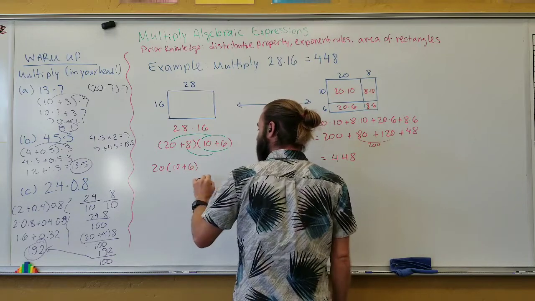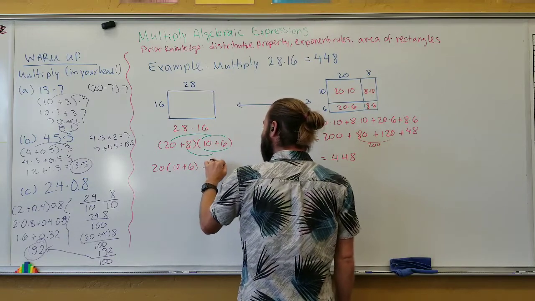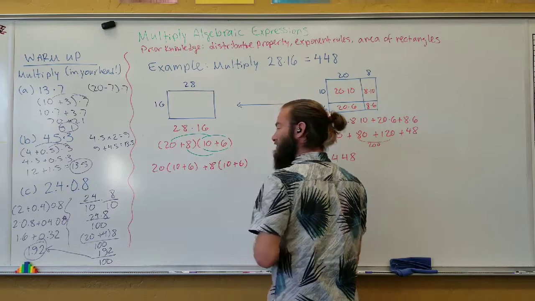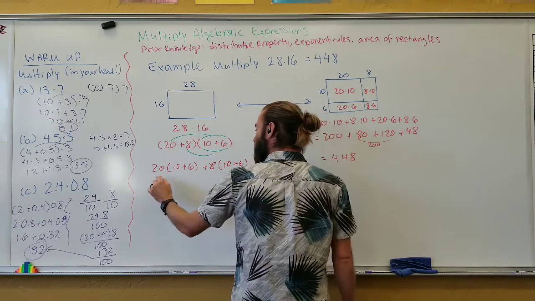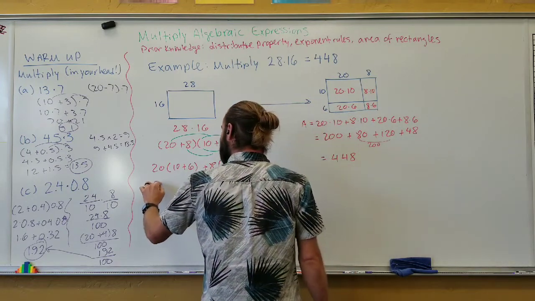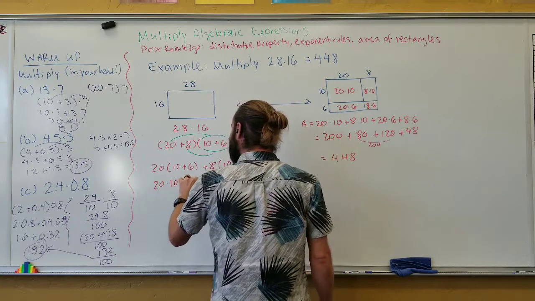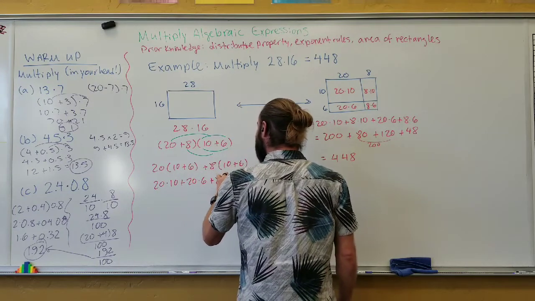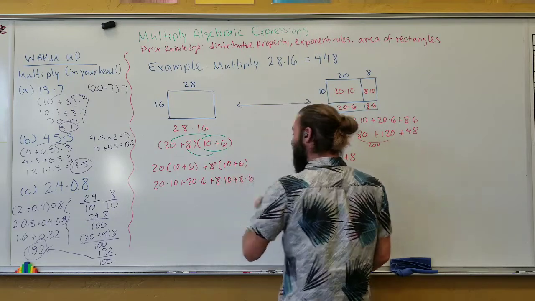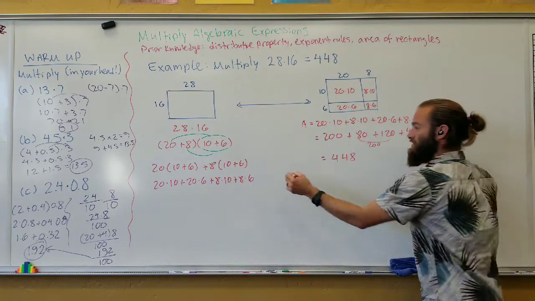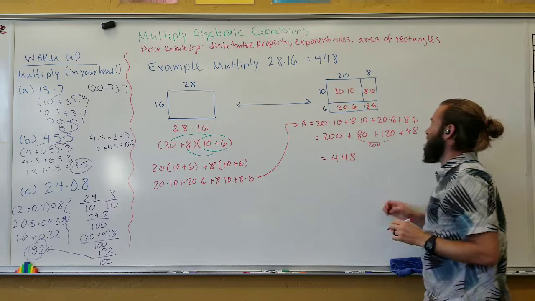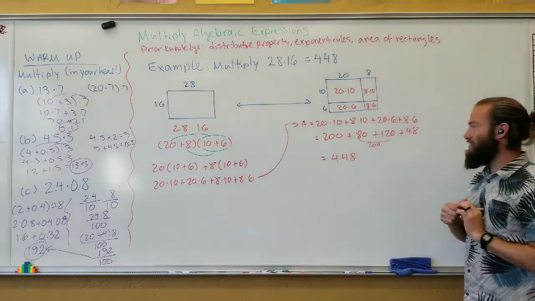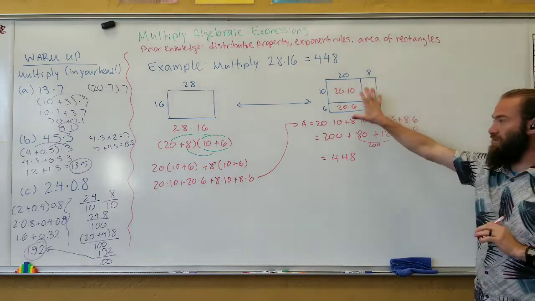And then plus 8 times 10 plus 6, if that makes sense. And then what that's going to do for us is give me 20 times 10 plus 20 times 6 plus 8 times 10 plus 8 times 6. And you can notice that that ends up being the exact same calculation that we had here, okay?